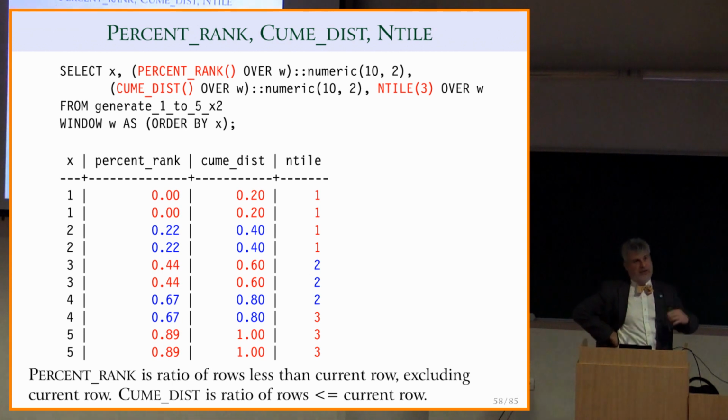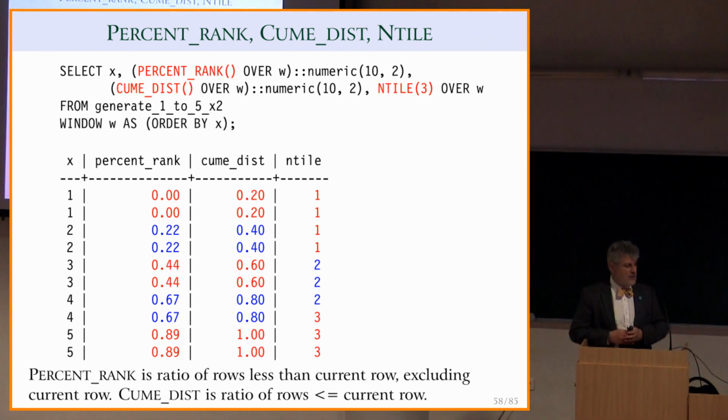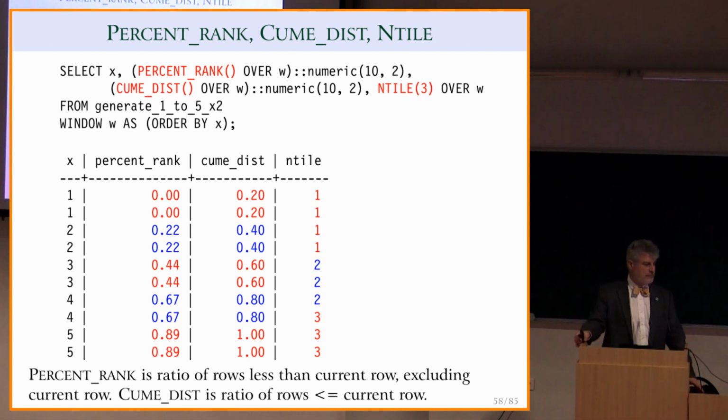Percentile rank says what ratio is less than me, excluding me, and cumulative distribution says all the rows that are equal or less than me. So if I take a look at this 1, for example, what percentage are less than me? 0. For the 2s, what percentage are less than me?